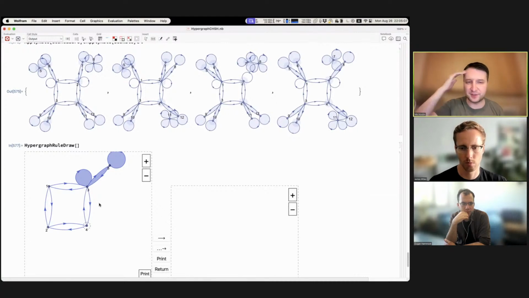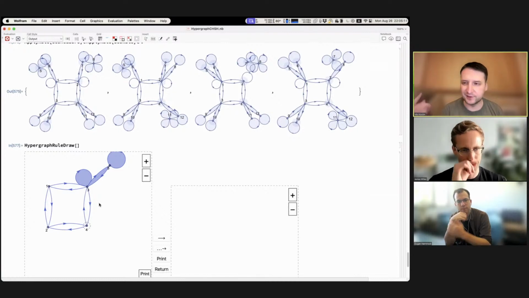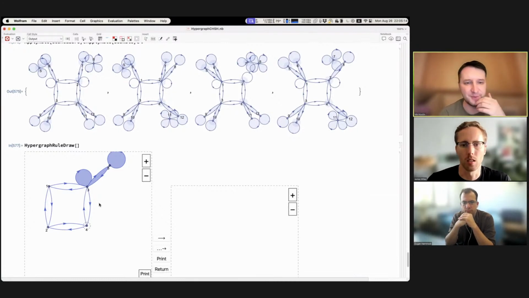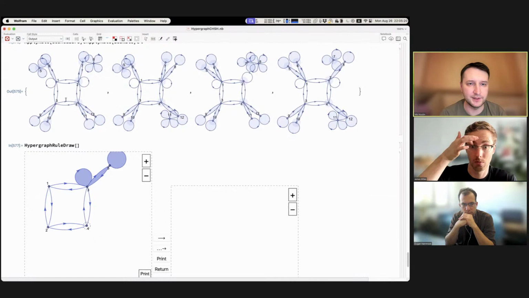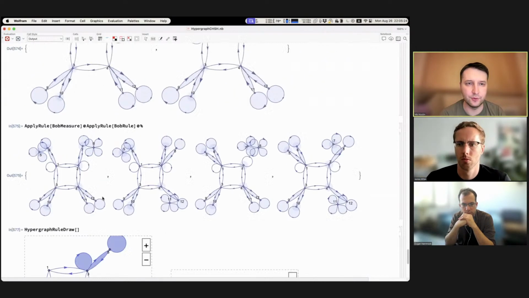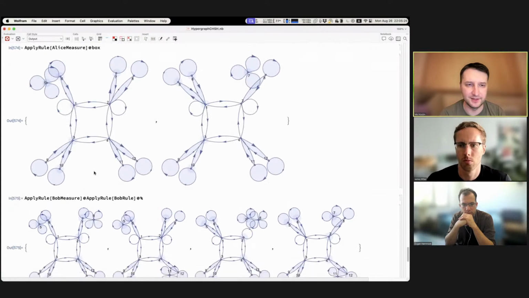I haven't implemented it because I haven't come up with a way to make a single rule for this example. That's why it's tricky. But the point is that you have to make one that only applies in these cases and doesn't apply in this, or in this intermediate case.